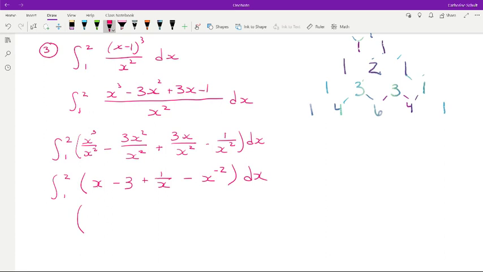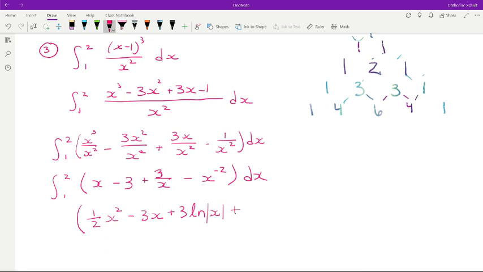So the integral of x is 1/2 x squared. Minus 3 is going to become minus 3x. Remember what the integral of 1 over x is? Oh, I lost the 3. Sorry. Well, the 3 is right here. And then the integral of 1 over x is the natural log of, should be absolute value of x.